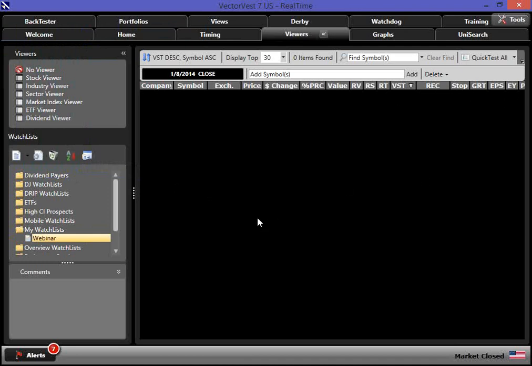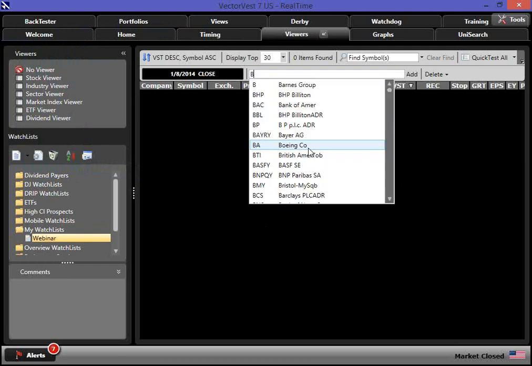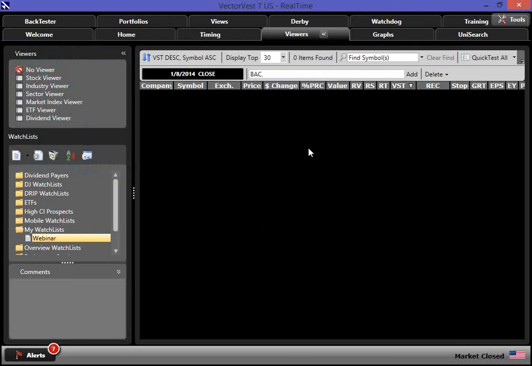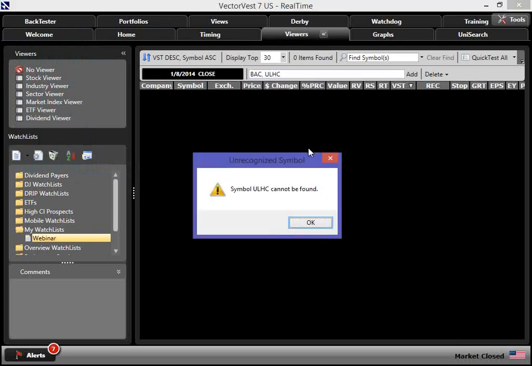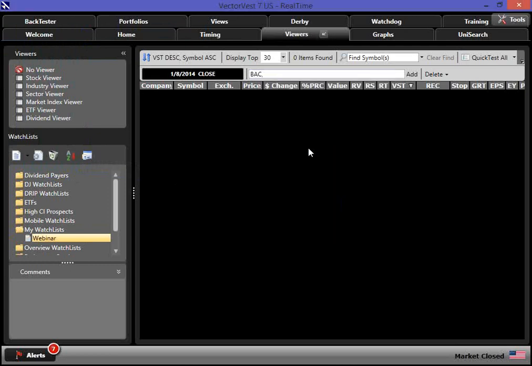So what I need for you guys to do, and some of you have been here before, is just give me some symbols so that I can add them to our portfolio. We're just going to try to populate it with 10 or so random stocks. So I've got BAC, just type them in the comment box, ULHC. Oh, okay, we didn't find that one.